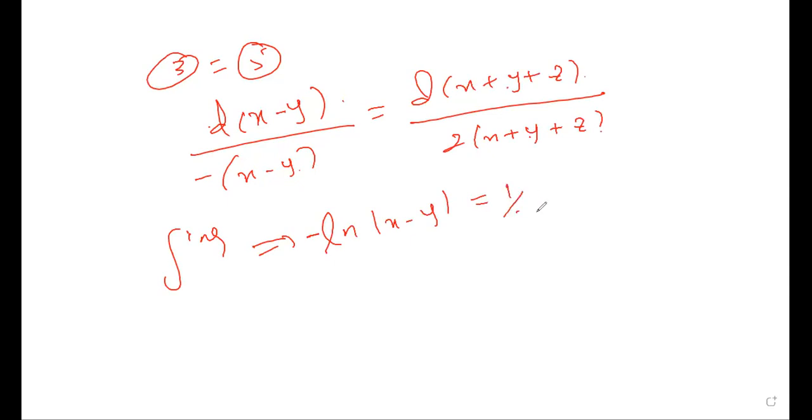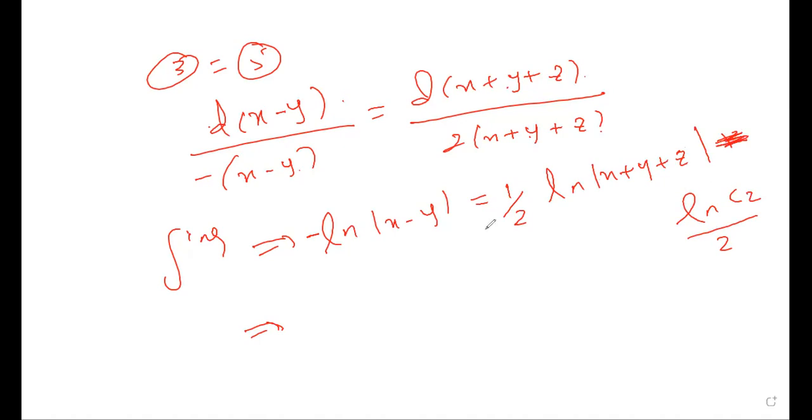I have one constant, so I can take out the constant. Still it works, ln(x plus y plus z). I can choose my constant c2, let me choose half, so I can take out the half. Can you do the simplifications? I'll choose minus.